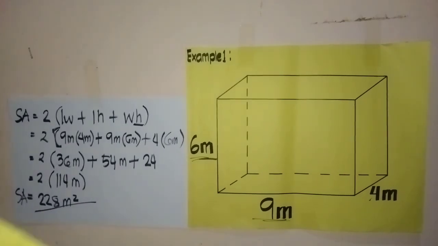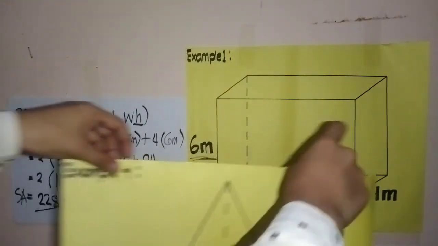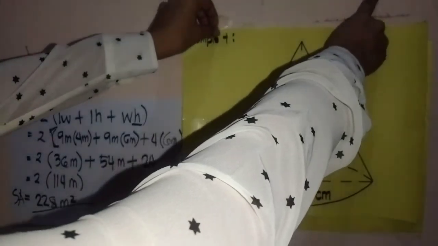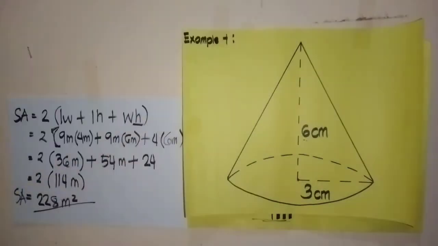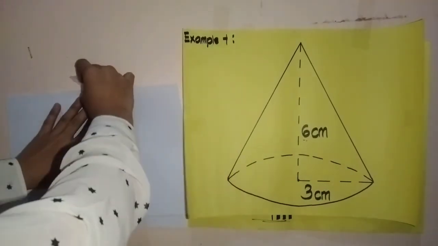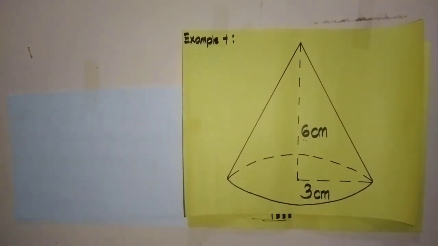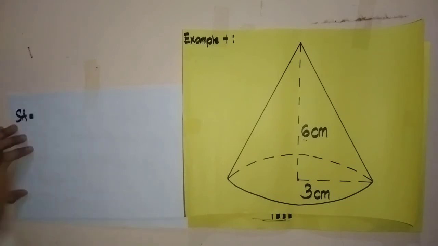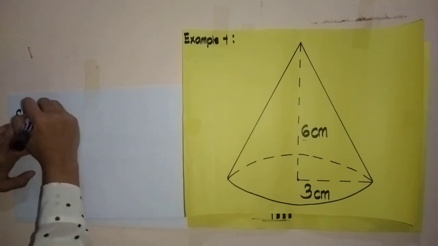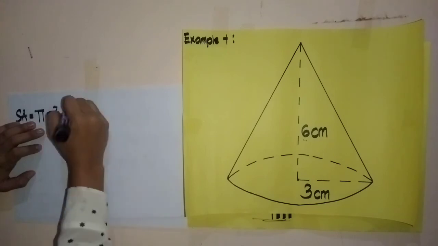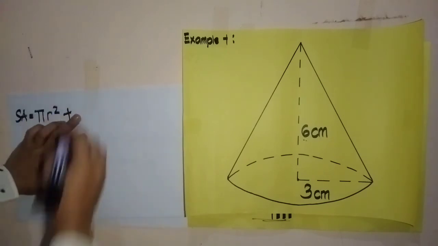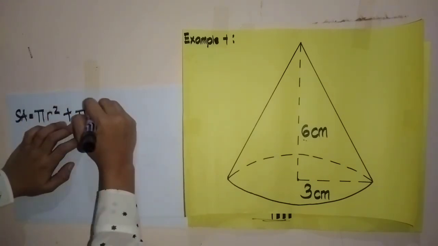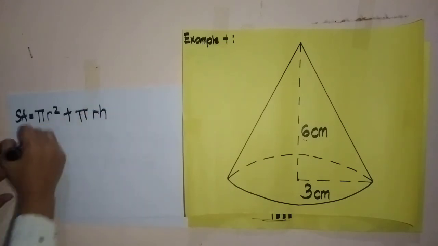So now we will proceed to getting the surface area of a cone. So the surface area of a cone has a formula of SA equals pi radius squared plus pi radius height.